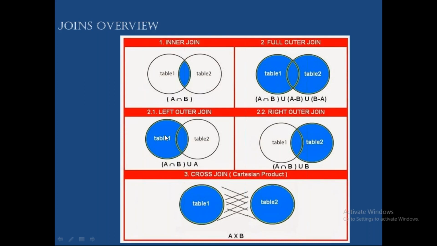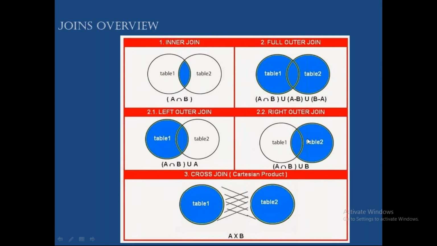Left outer join will give the common records between table 1 and table 2 plus all the remaining records in the left table. Understood, friends? Common between table 1 and table 2, plus all remaining records in the left table.